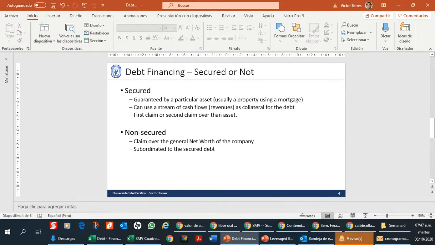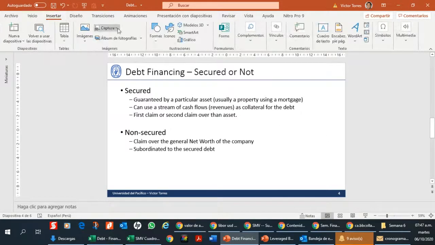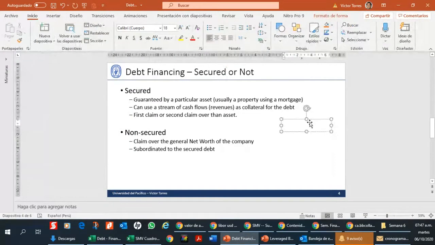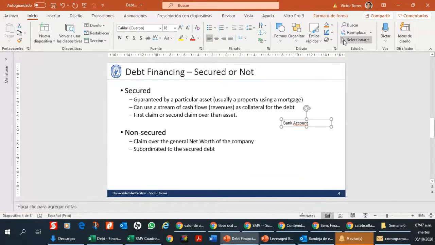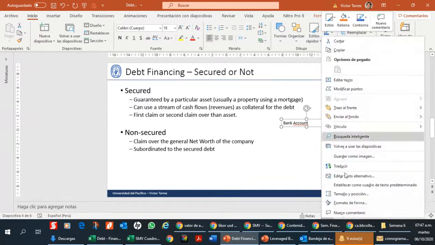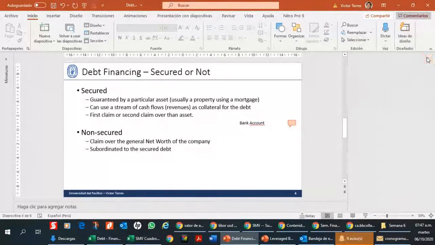So let me just quickly do a drawing over here. What we are basically creating is a particular bank account that is going to be receiving everything, all the cash that you have.